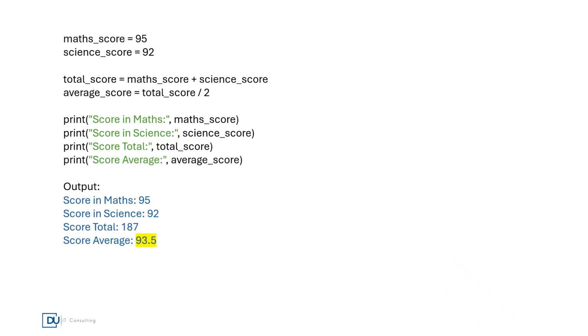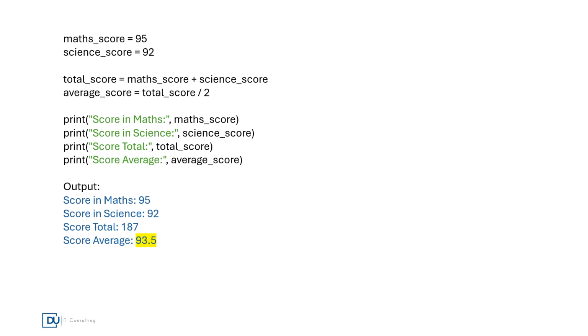Let us take a look at a simple Python program where we have two variables, math score and science score. We assign the values of those scores. Then we find out the total score and then the average score. Once all this computation is over, we print the math score, science score, total score, and average score as shown on the screen.